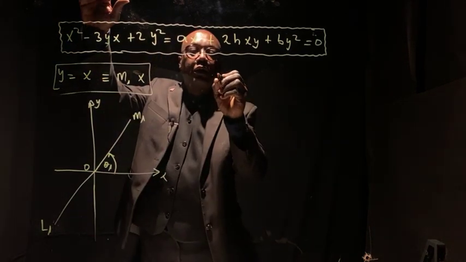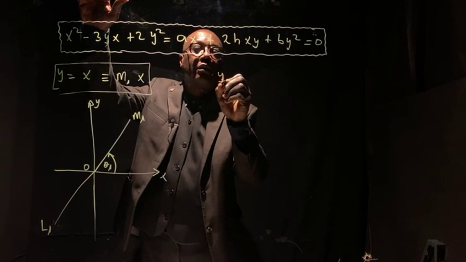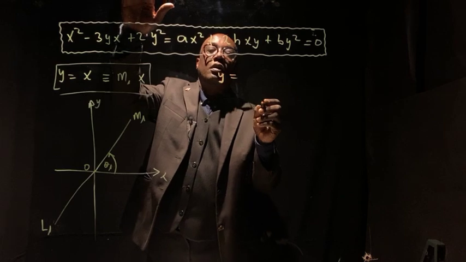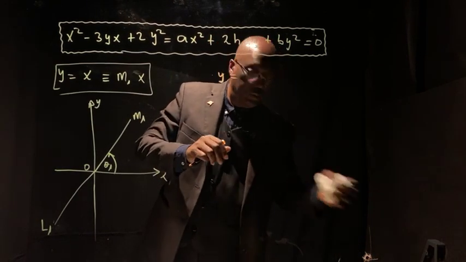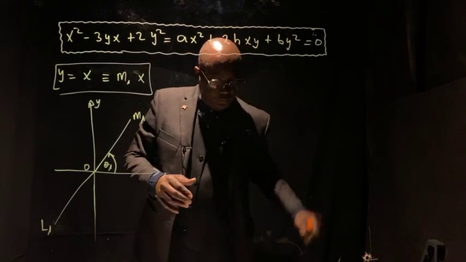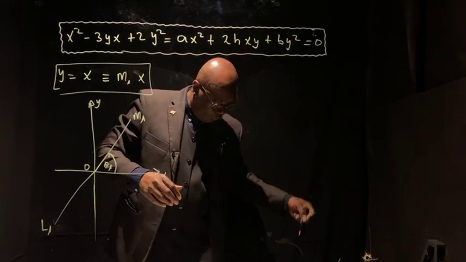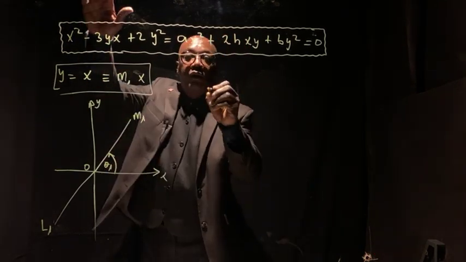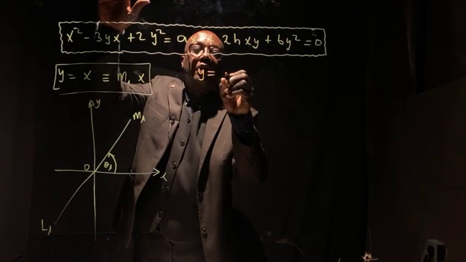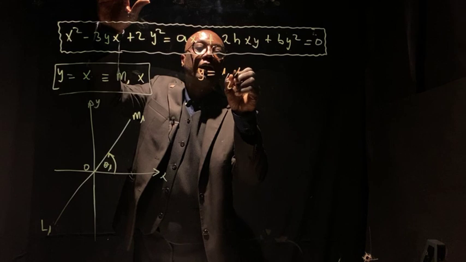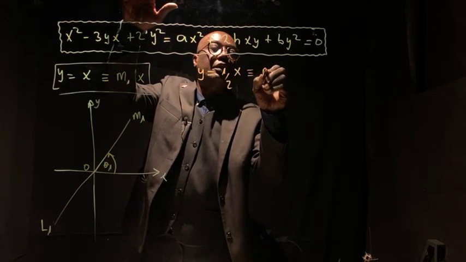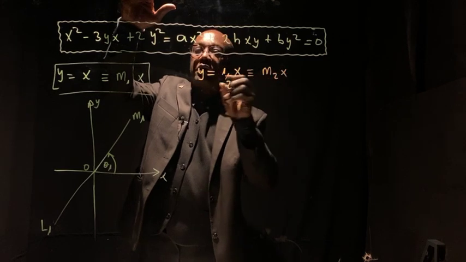Now, the other one was y equals half x, which was very much identical to m2x.